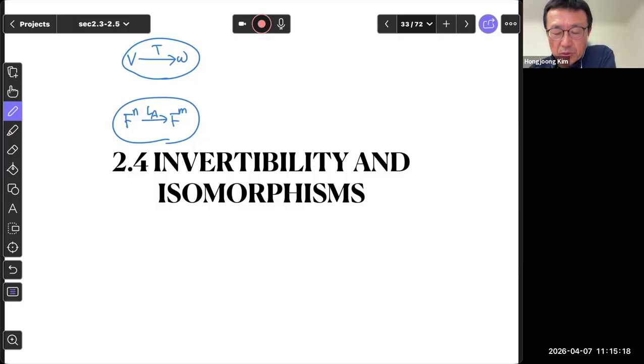So that's what we considered so far, and then we extended this matrix multiplication to mimic the composite of two functions. So we considered matrix multiplication to mimic the composite of two linear transformations.